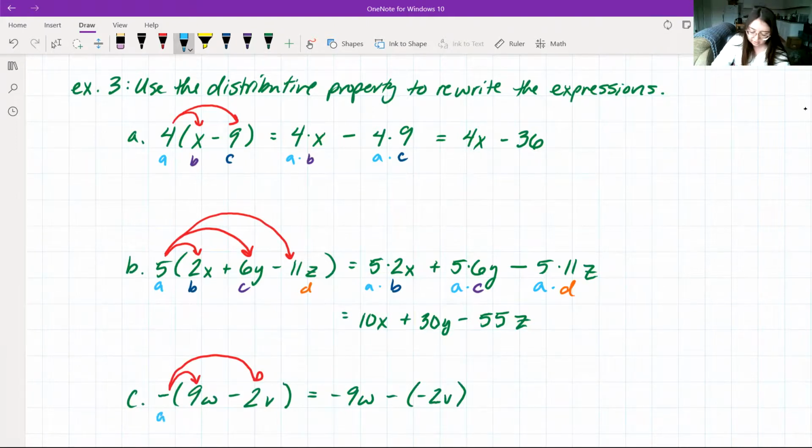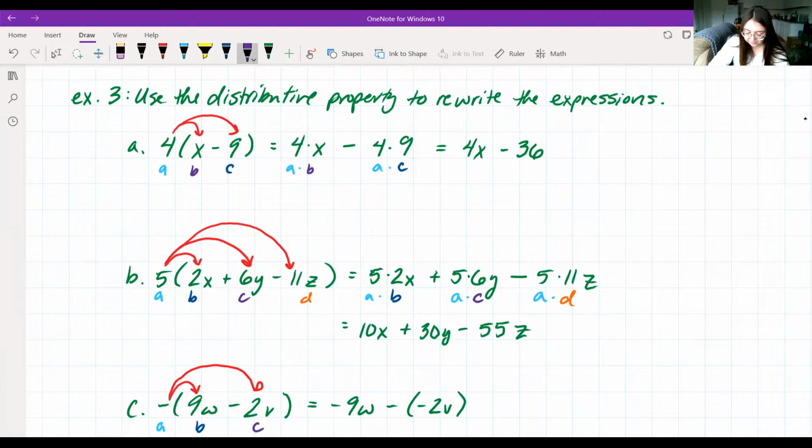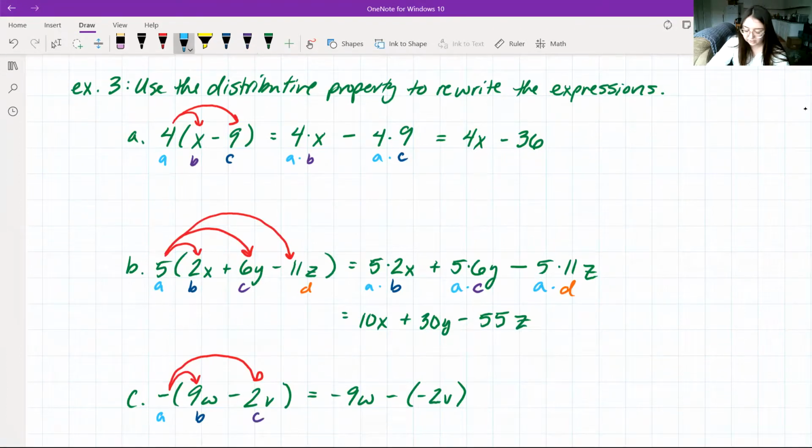Once again, we see here that if that negative sign was A, 9w was B, and 2v was C, we did end up getting A times B minus A times C. Then we just want to simplify.